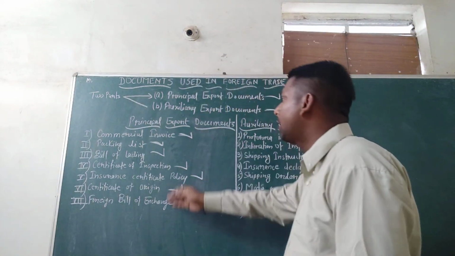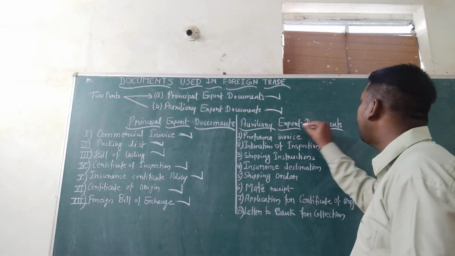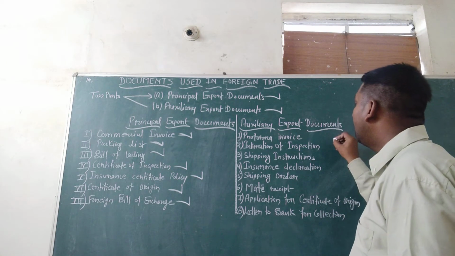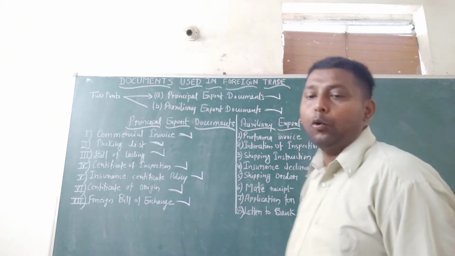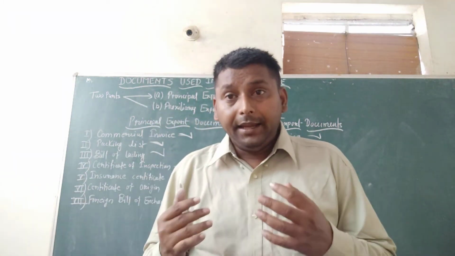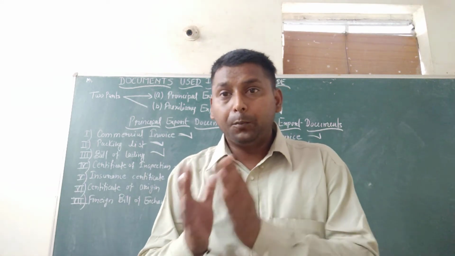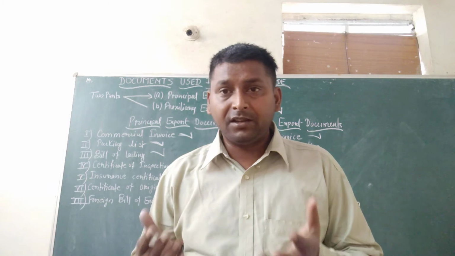So now we have completed the principal export documents. The next point is auxiliary export documents. Here, proforma invoice. In any activity there is a proper pre-decided proforma. You have to put in all the information which is mentioned.